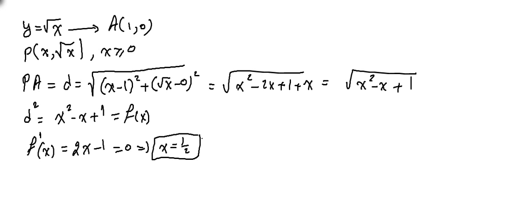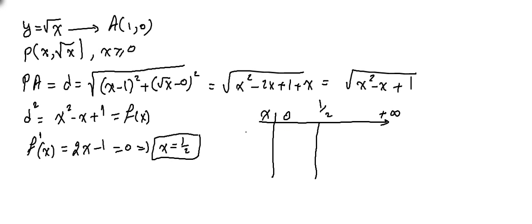If f prime is negative, then x is less than half. If f prime is positive, x is greater than half. We can draw the table of variation. X goes from 0 to plus infinity, with a point at half. The derivative is 0 at x equals half, positive to the right, negative to the left.